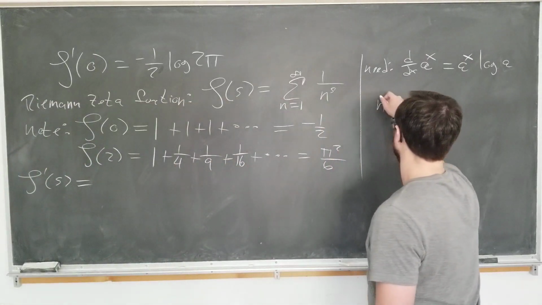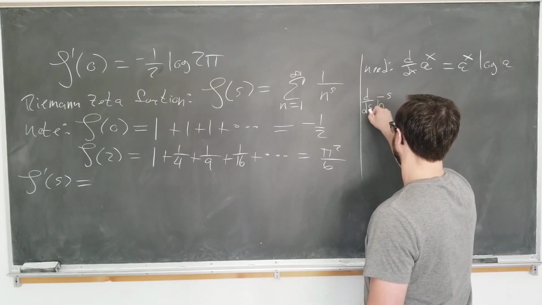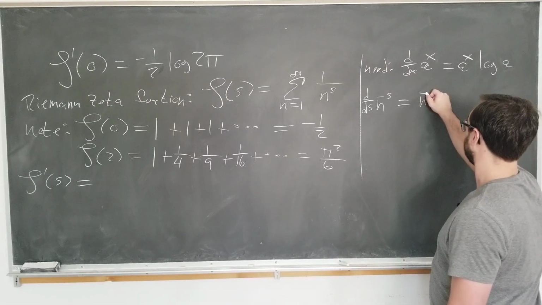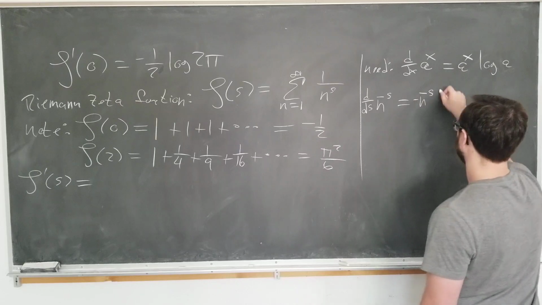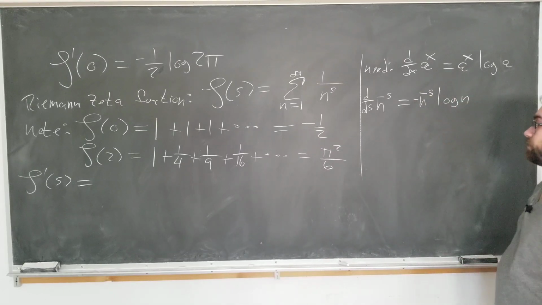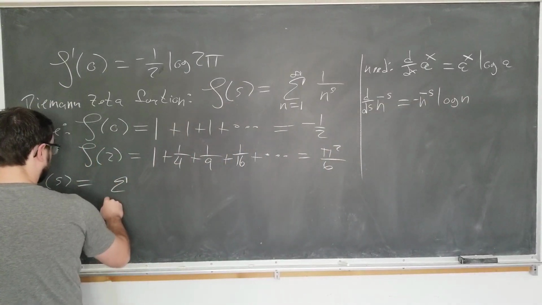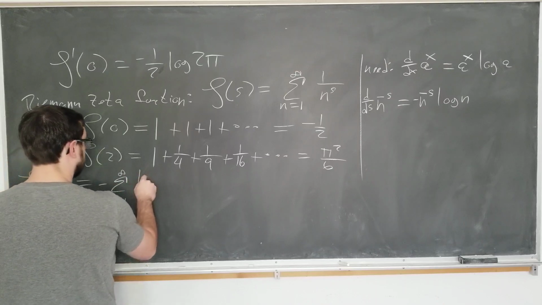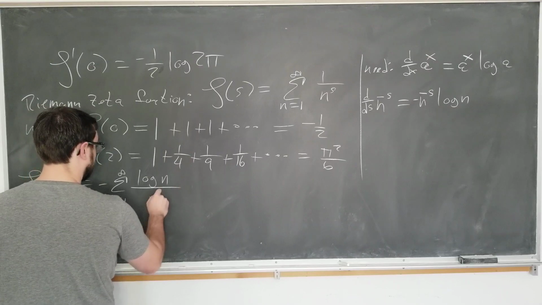We have n to the minus s, and if we take the derivative with respect to s, it's just going to be n to the minus s times the derivative of this, which puts a minus sign. Then we have log of the base here. Simply the sum from n goes from 1 to infinity, there's a minus sign, log of n over n to the s.